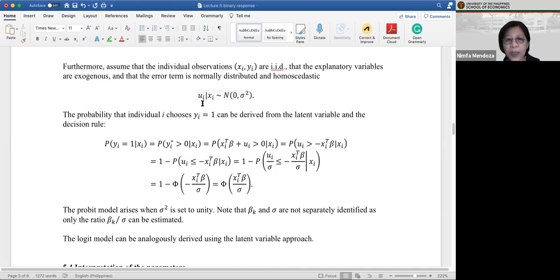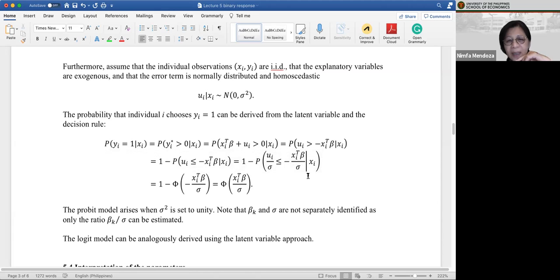But we want to have standard normal variables. So we subtract 0 and divide by sigma on both sides of the inequality.